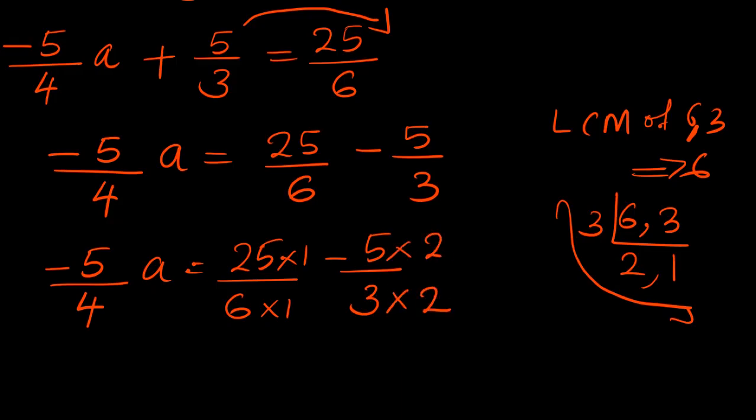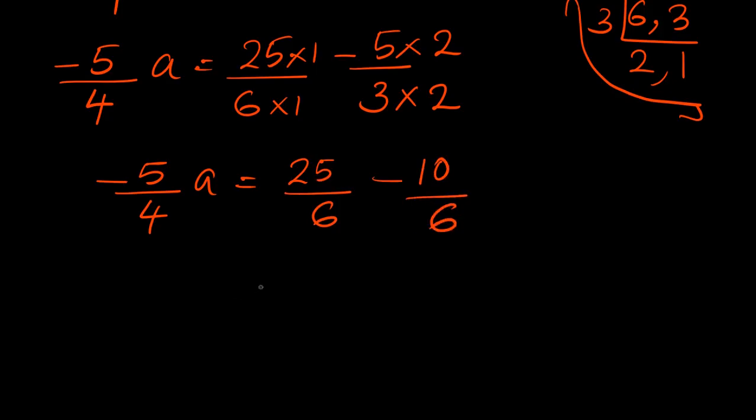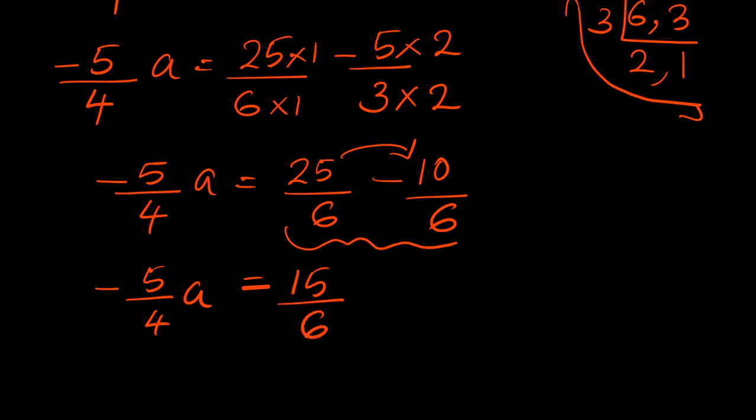Do the same thing with the numerator. Then the equation changes to negative 5 over 4a is equal to 25 over 6 minus 10 over 6. So now these are like fractions. Subtract the numerators. 25 minus 10 is 15 over 6.